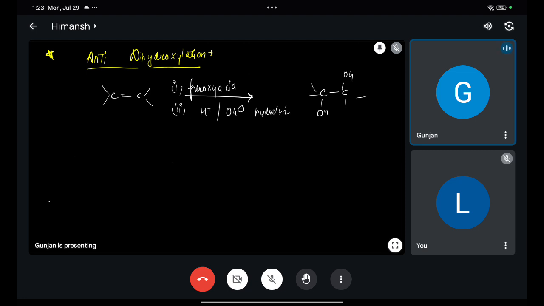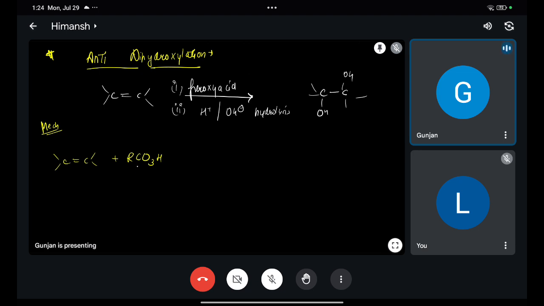So let's discuss about it. We are having an alkene. For acid it is like RCOOH, but here it is RCO3H, one more peroxy acid like this.